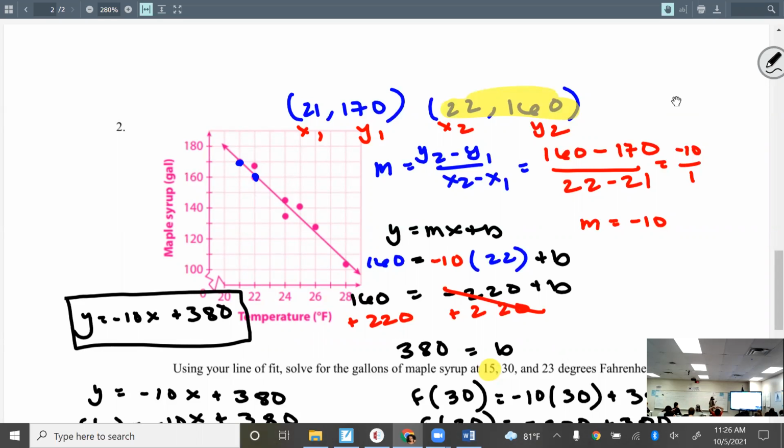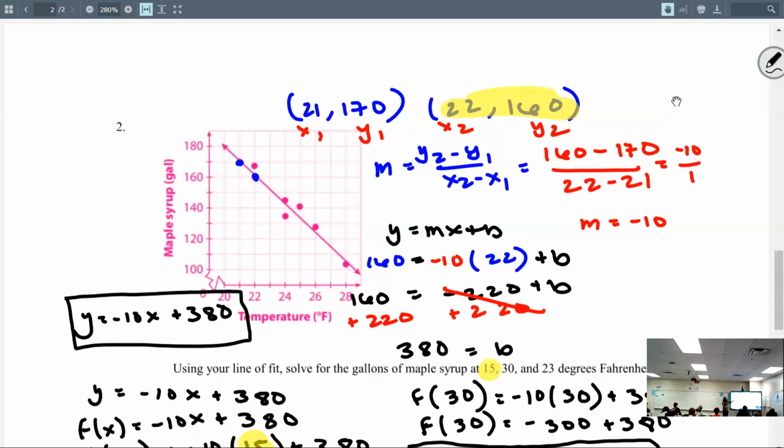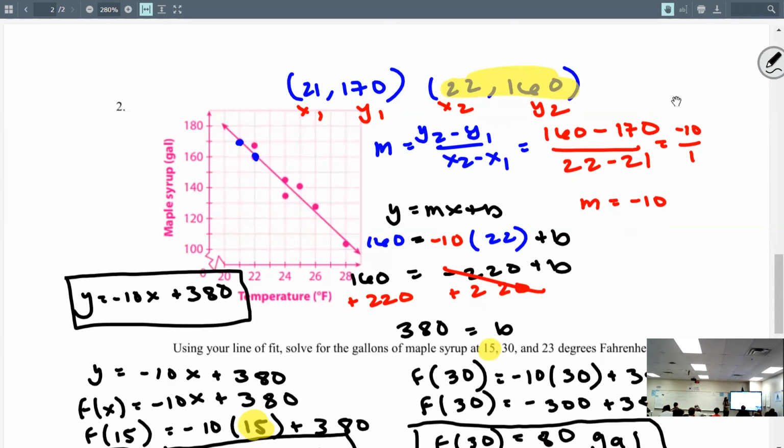Are you confused at all at why the arrow, does it look like it will cross at 380? No, it kind of looks a little weird, huh? So it's because this graph, in order to make it easier to read, they skipped a bunch of numbers.